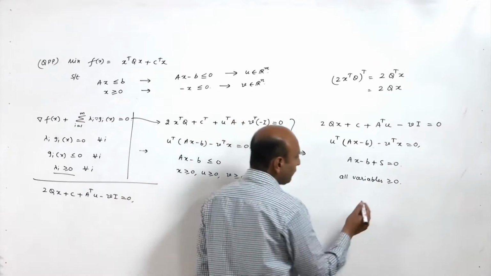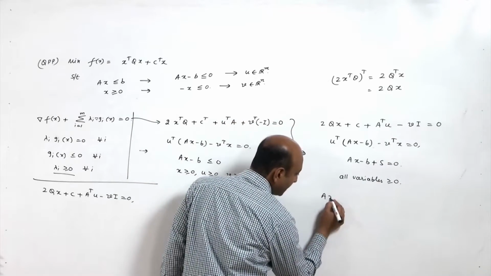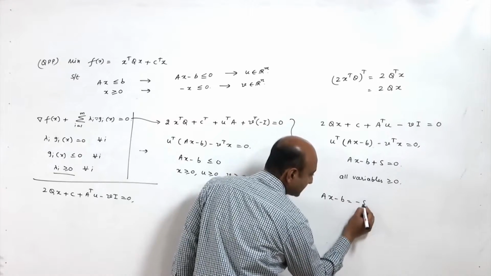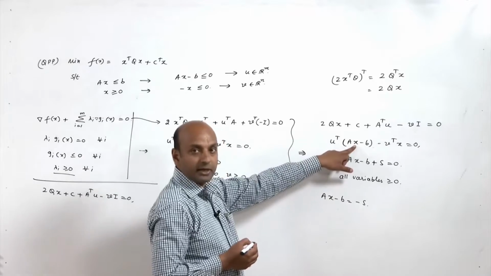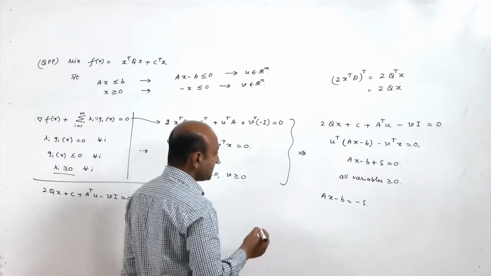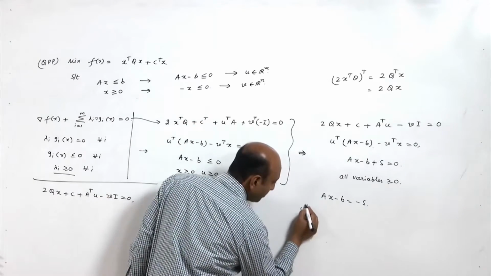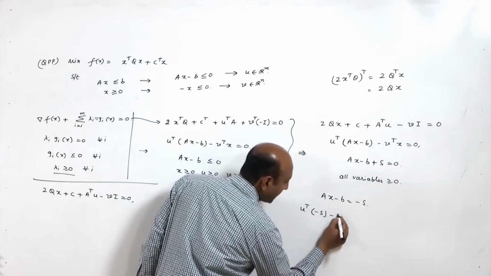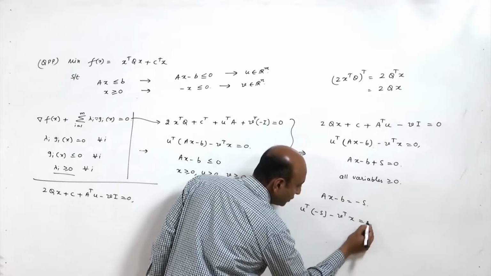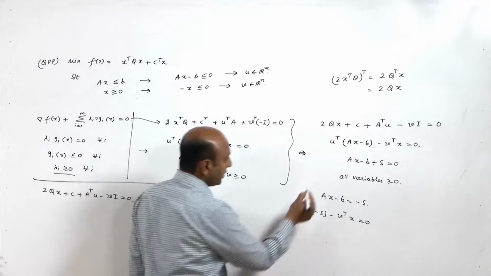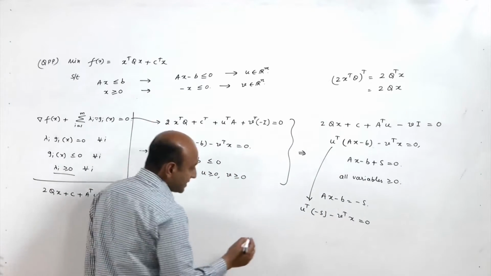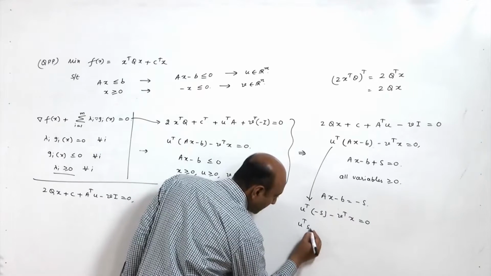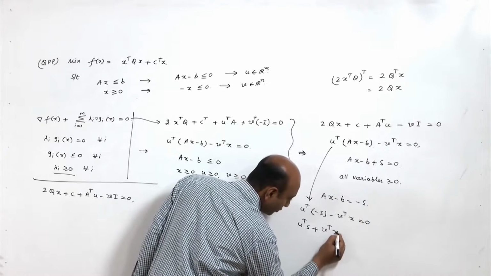So what we obtain from here, Ax minus b is nothing but minus s. You substitute minus s over here. So it is u transpose (minus s) minus v transpose x equal to 0. If we put these in this condition, this is nothing but u transpose s plus v transpose x equal to 0.